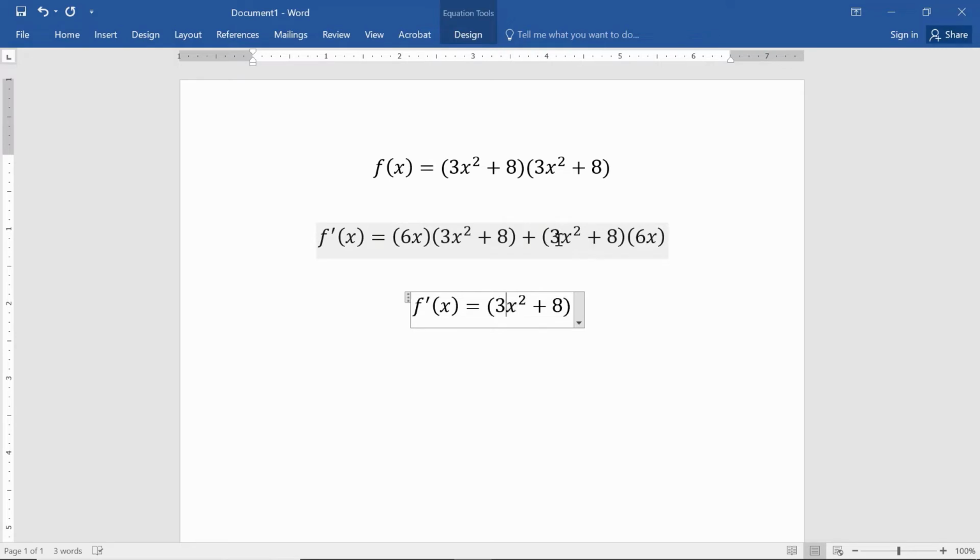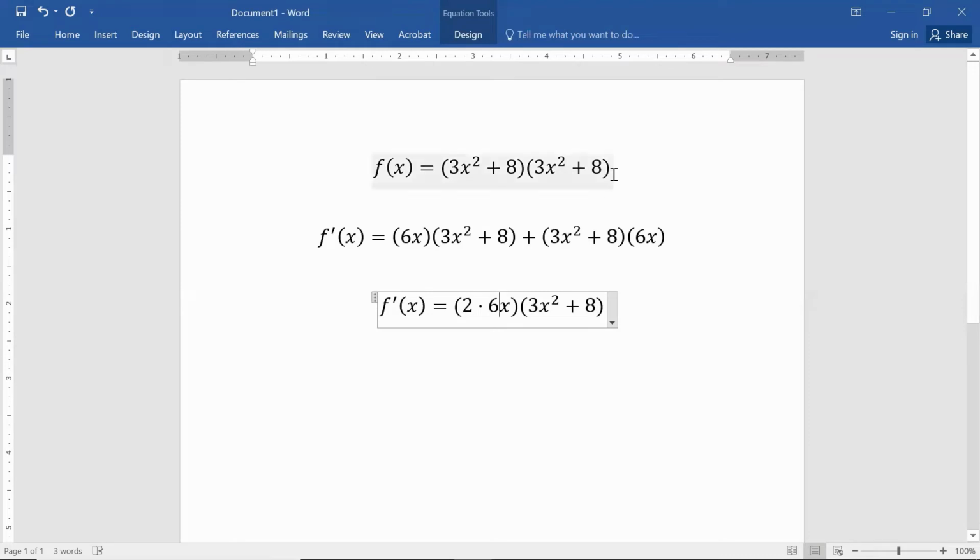And then on the front side, I'm going to have a 6x plus 6x, which is actually just 12x, or in other words, 2 times 6x. So we get a 12x multiplied times 3x squared plus 8. Let me rewrite this as 2 times 6x times 3x squared plus 8.